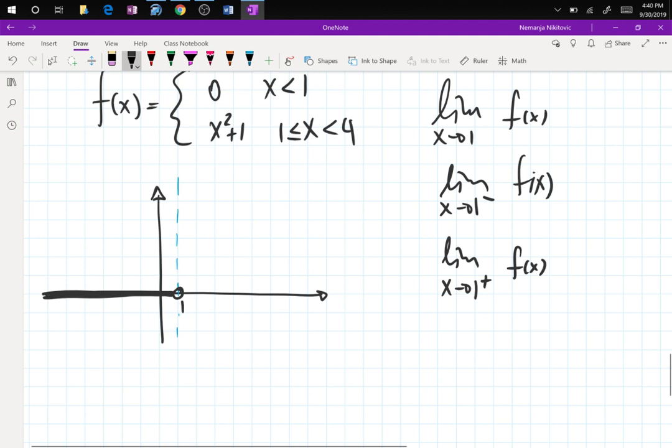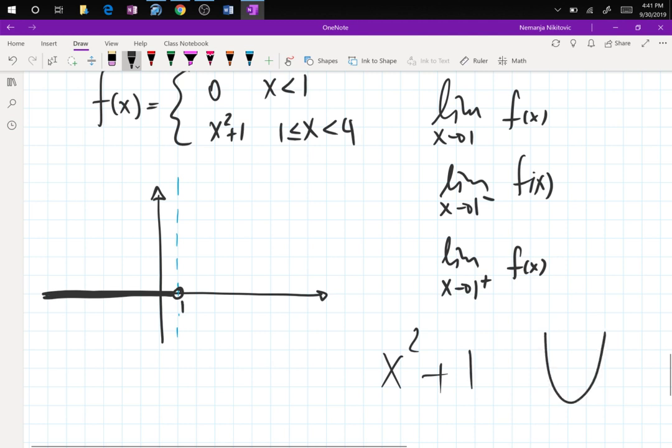all the time for all of the x's to the left of x equals 1. To the right of x equals 1, we have to follow the function x squared plus 1. That is a parabola, right?